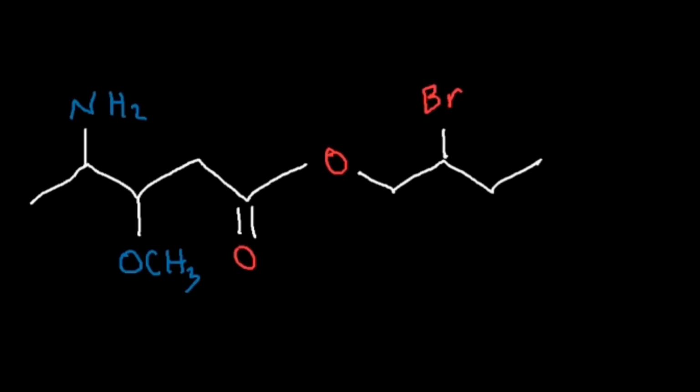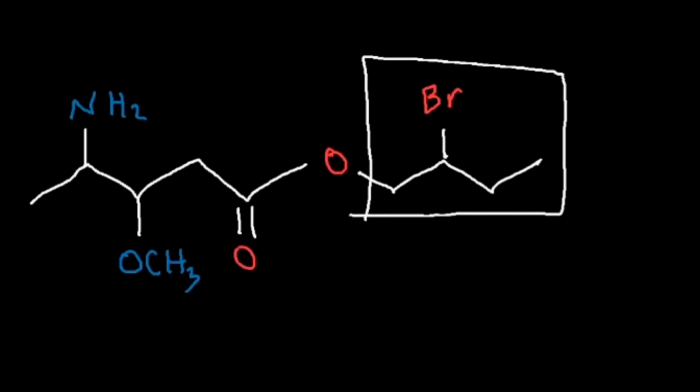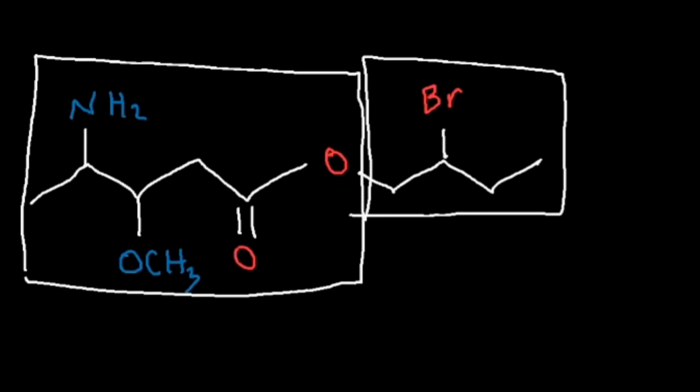Take a minute, pause the video, and work out this example. See what name you come up with, and then unpause the video when you're ready to see the answer. So let's go ahead and begin. Let's name the part of the molecule that doesn't have the two oxygen atoms, and that is the portion on the right side. The left side has the two oxygen atoms of the ester.